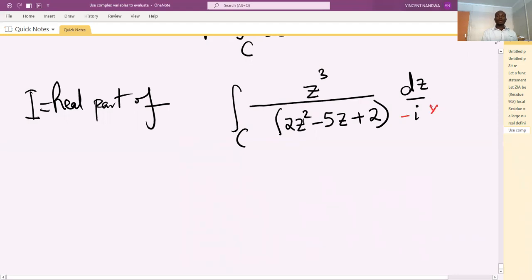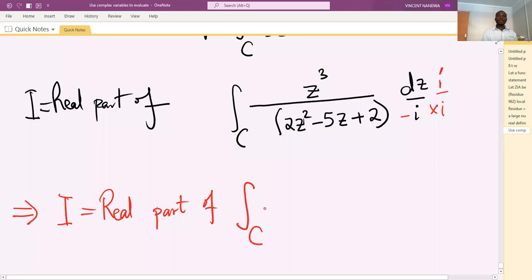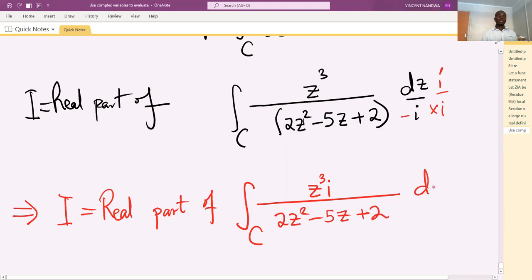So I multiply by I and I multiply by I to remove this I term in the denominator. So this means my I will be the real part of the contour integral of z cubed I over 2z squared minus 5z plus 2 dz.